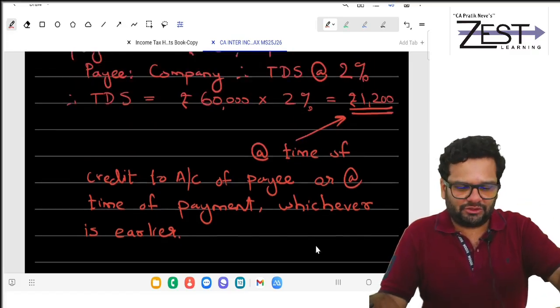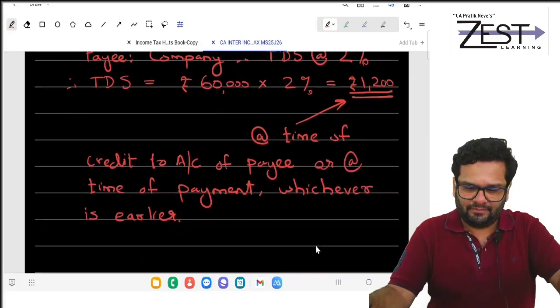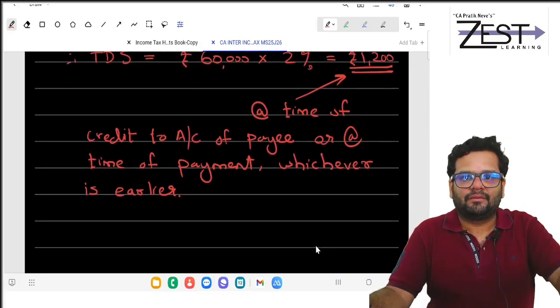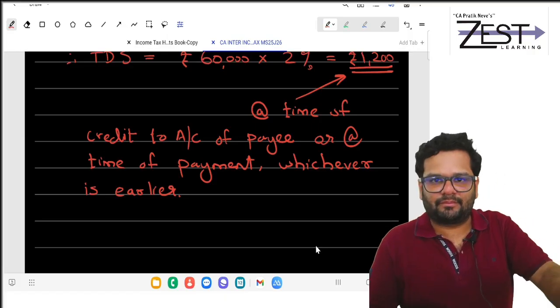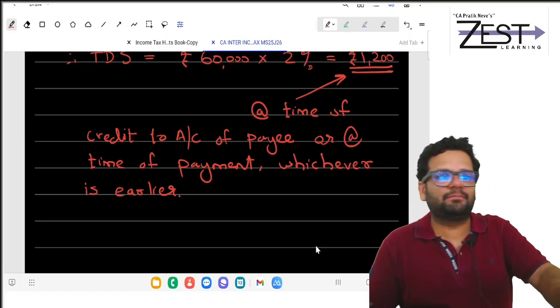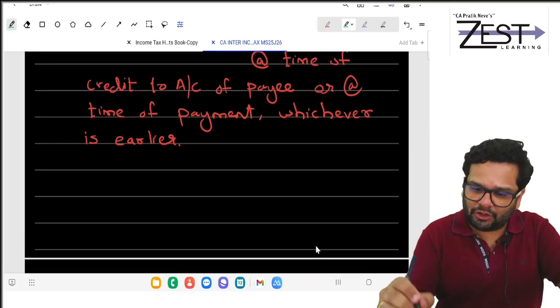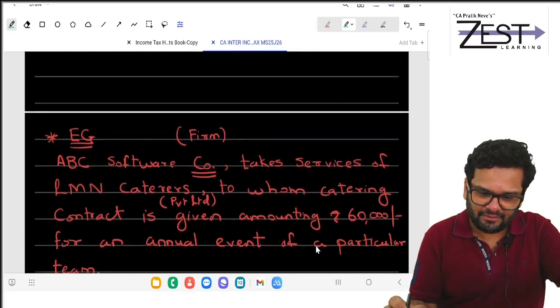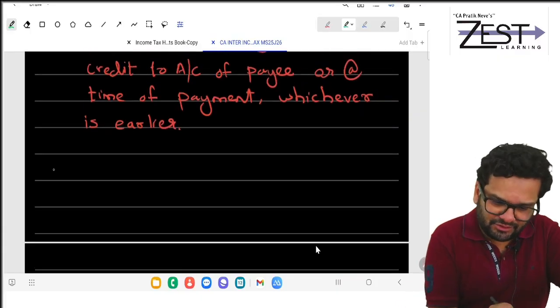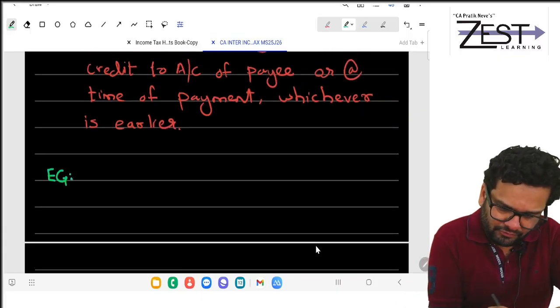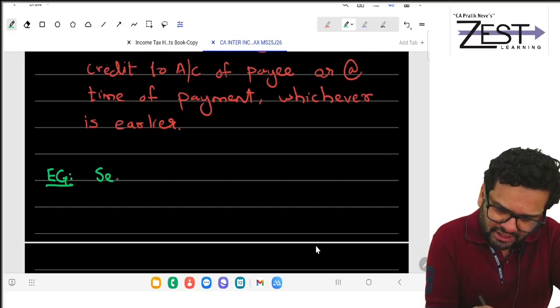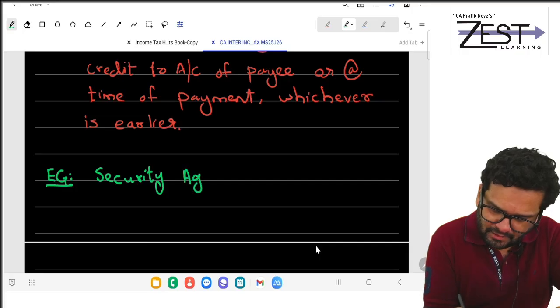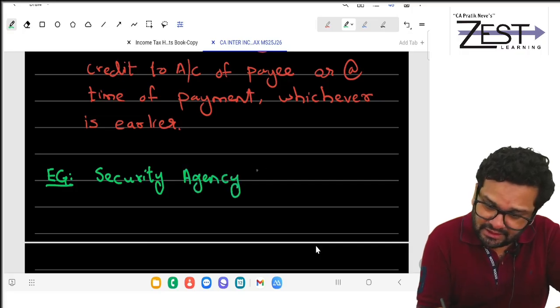First example this was. May I give you another example? Another example will be in the case of a security agency.